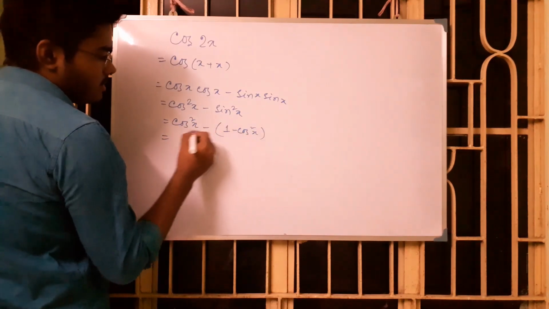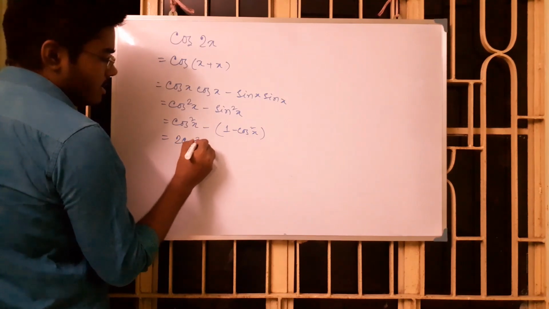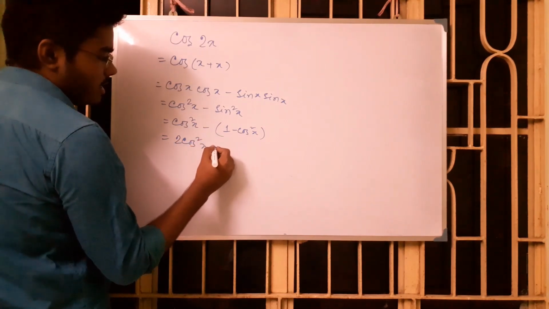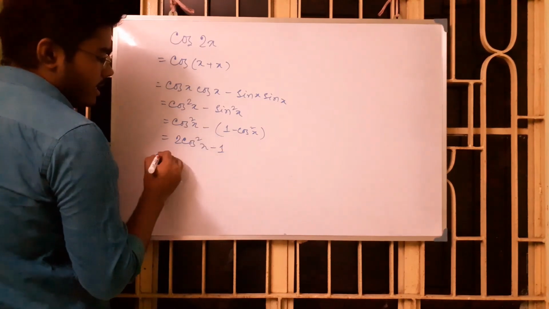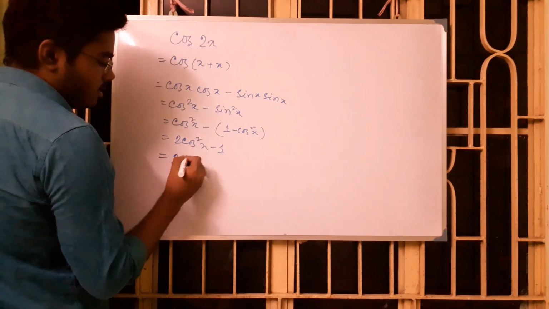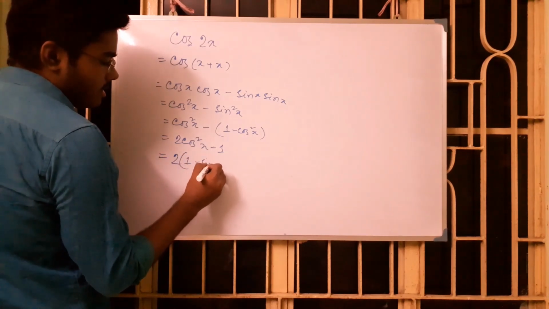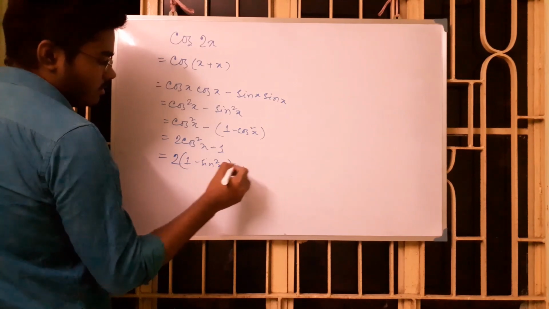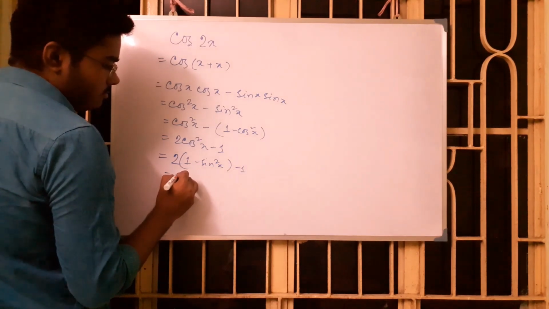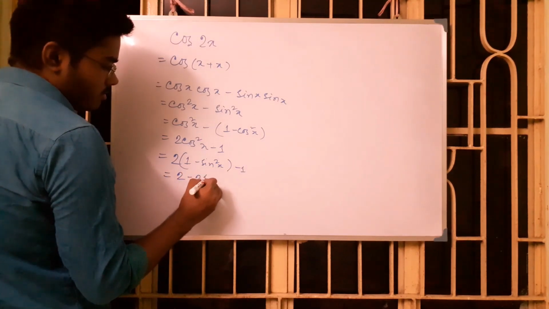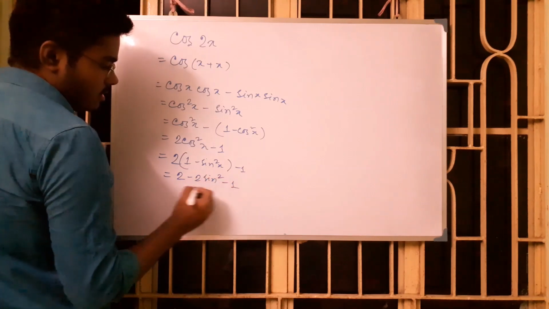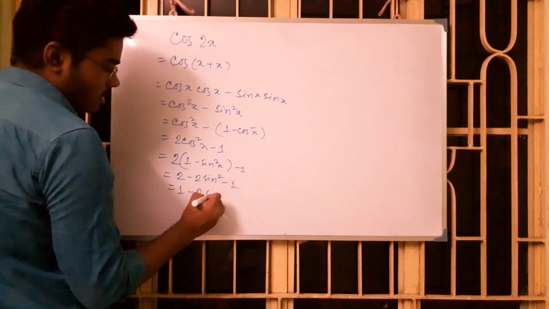So minus into minus is plus, 2 cos square x minus 1. And you can write cos square x as 1 minus sin square x, so 2 minus 2 sin square x minus 1. So 1 minus 2 sin square x.